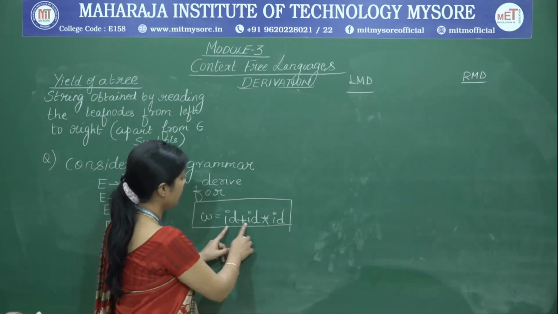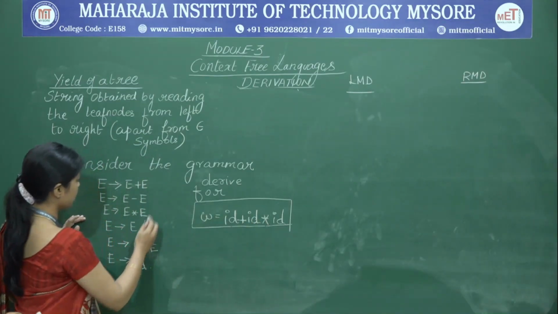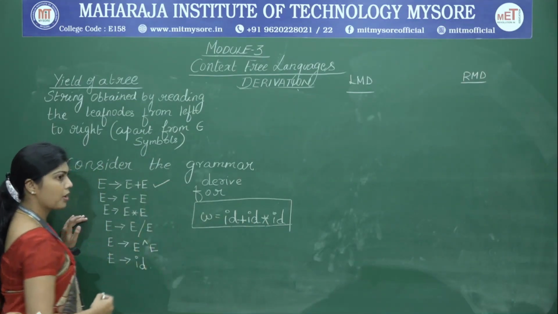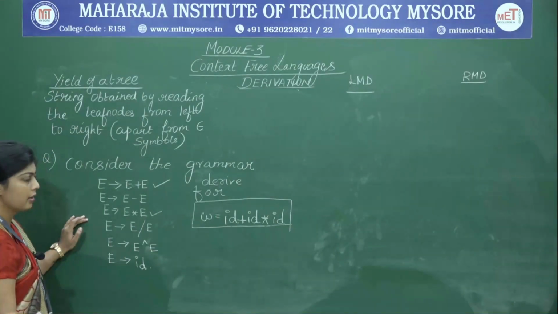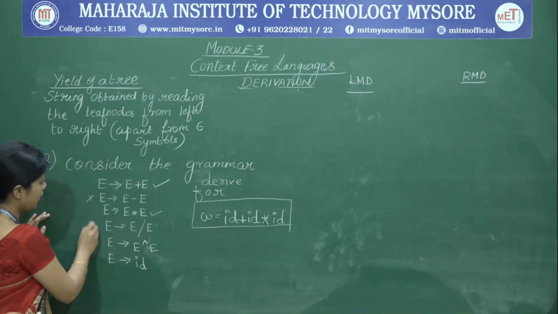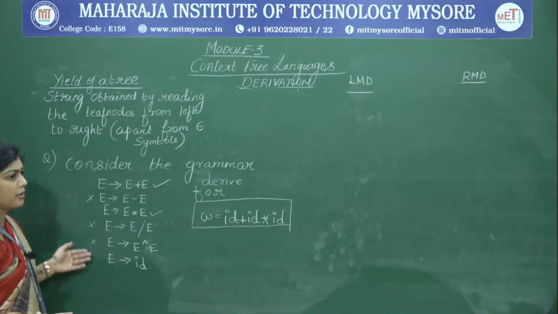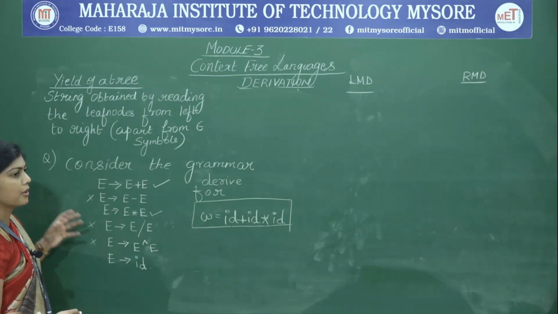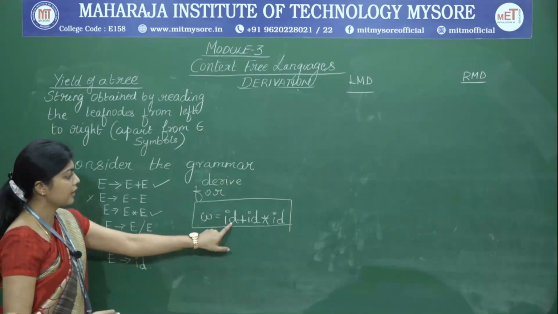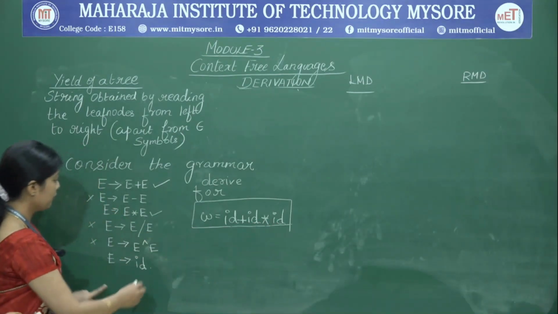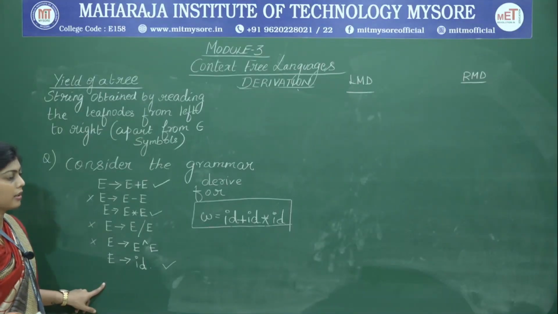So first we need id plus id. Since plus and multiplication are there, only this production and this production could be used. All the other productions are useless to us because the string we are looking for doesn't have those operators at all. That is how you have to decide what to do. Apart from that, we see that ids are there, so this production is also definitely going to be used in the derivation.